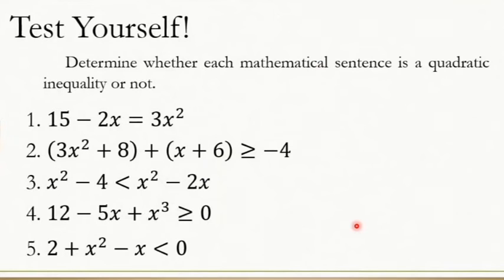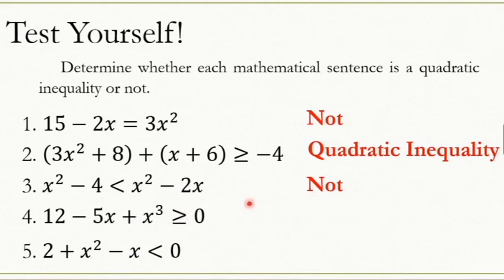Test yourself. Determine whether each mathematical sentence is a quadratic inequality or not. Number 1. So this is not a quadratic inequality. Why? Our symbol here is an equal sign. Another. This is not a quadratic inequality. Another. Okay, it's very obvious.